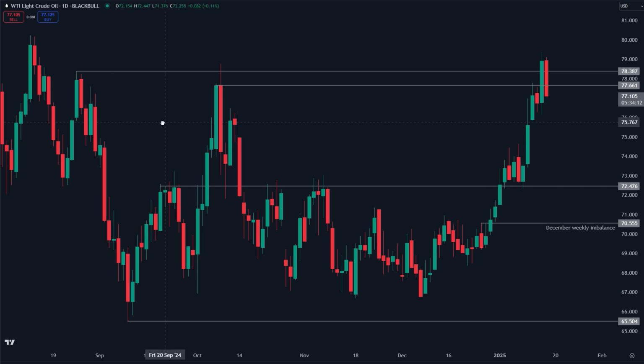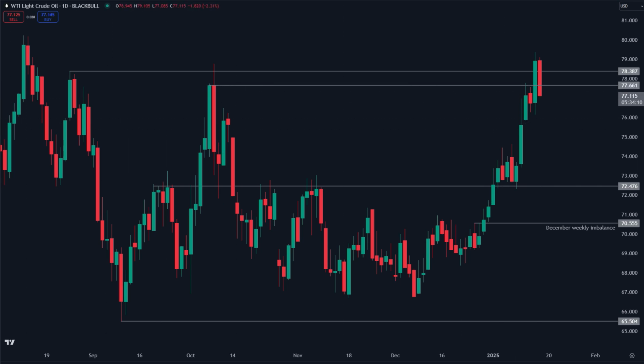If we see WTI get below this area here, this closing price from back here on the daily, also these highs right around 77.60, if we see it close below here today, then we have a failed breakout. And that's probably good enough for a move back toward the consolidation, potentially 72, and also that weekly imbalance around 70.50.